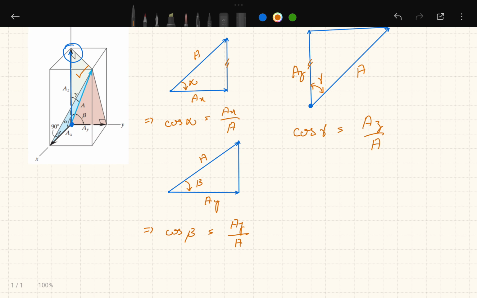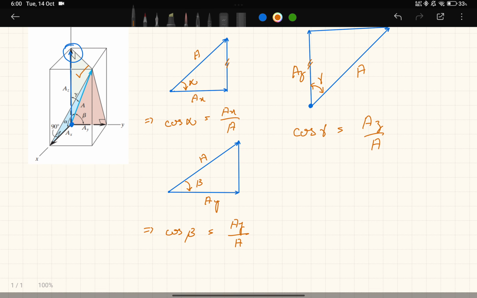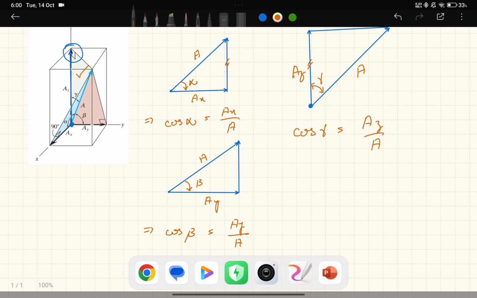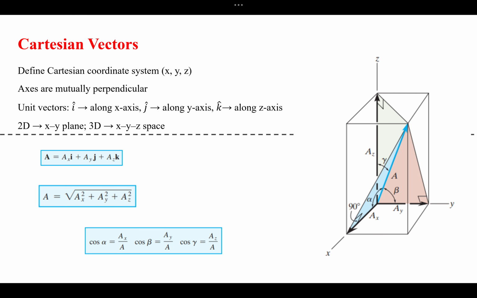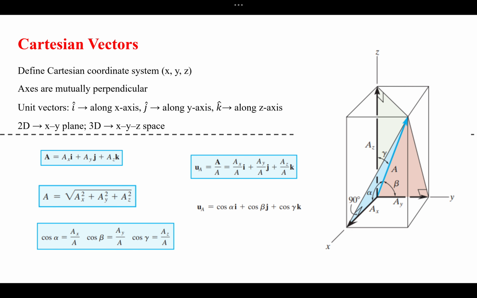So you got these three equations as the cosines of these triangles: cos of alpha, cos of beta, and cos of gamma. I hope it is clear enough at this stage, because it's very important to solve the problems ahead. Then you can divide this vector by the total magnitude.